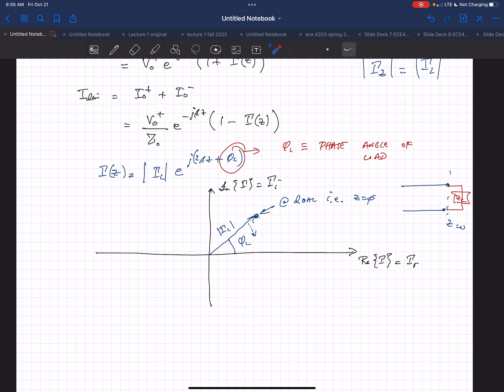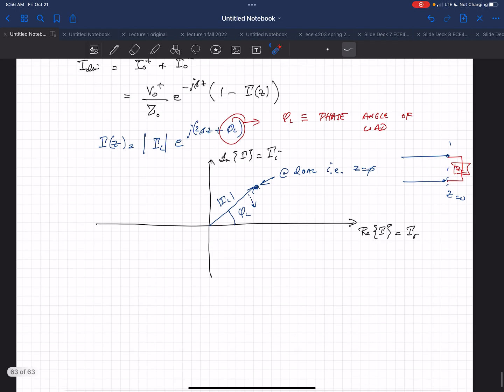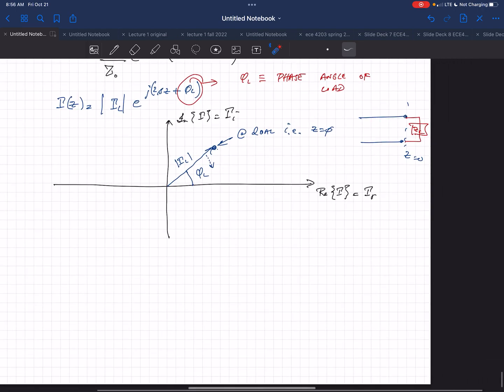So we're going to be going around as we're moving away from the load, and we're going to trace this circle in the imaginary plane.